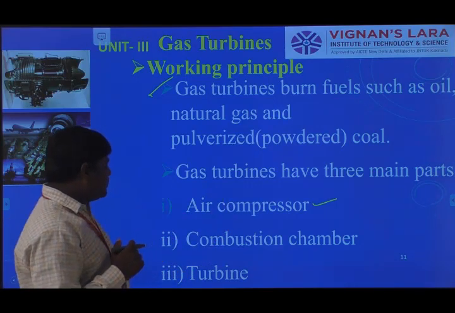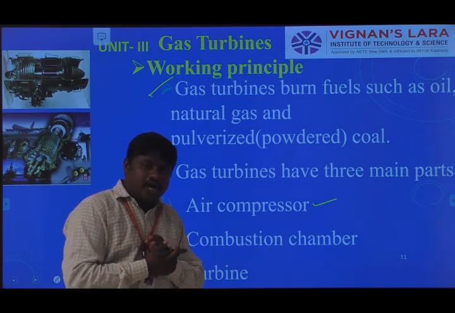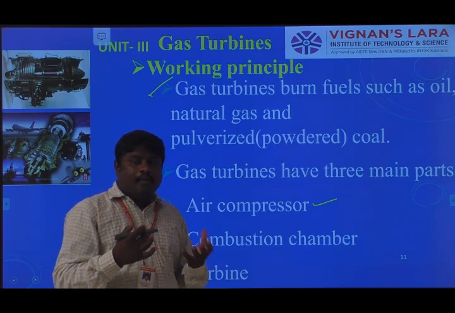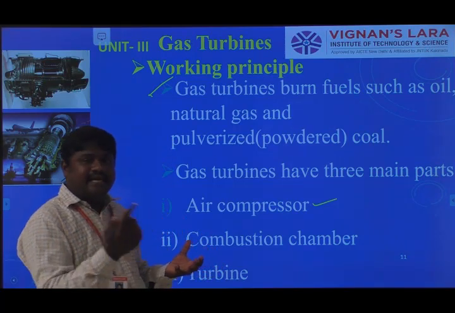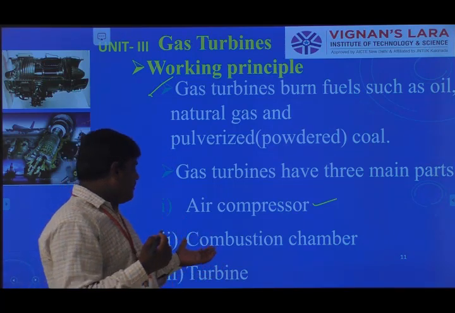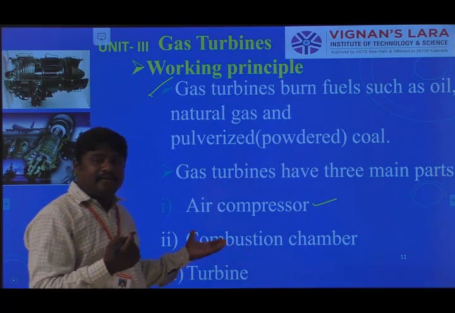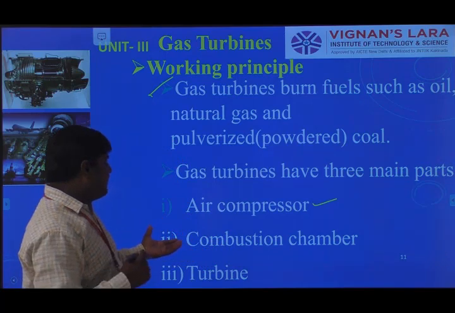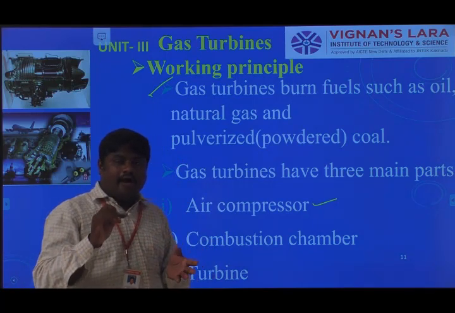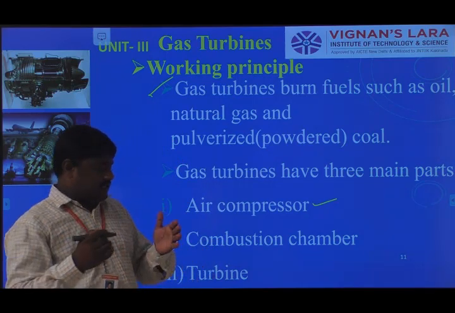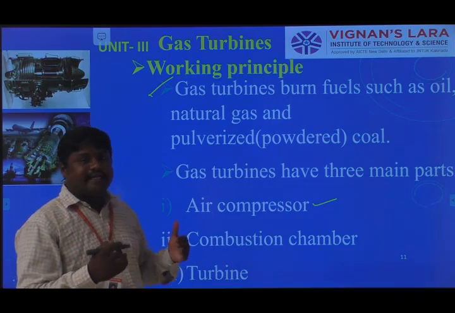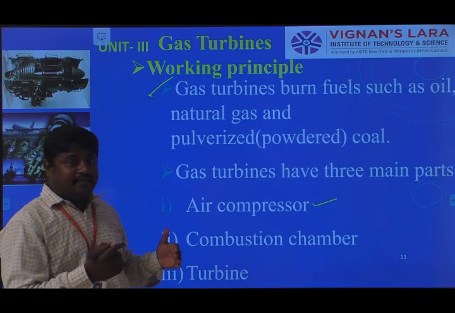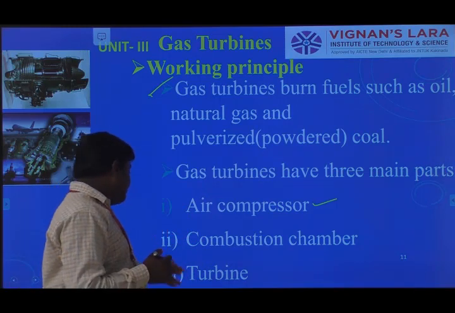And the combustion chamber is the main part of the body, created inside the body. The oil and air mixture enters the combustion chamber, and at that time the gases are produced and burned. Then comes the turbine.